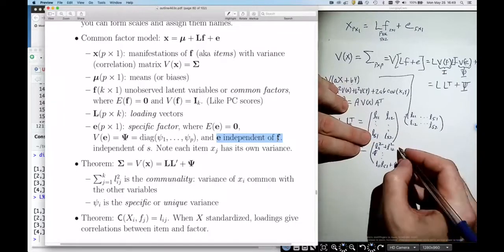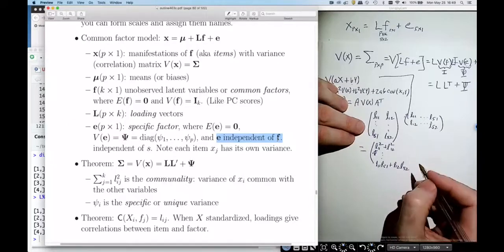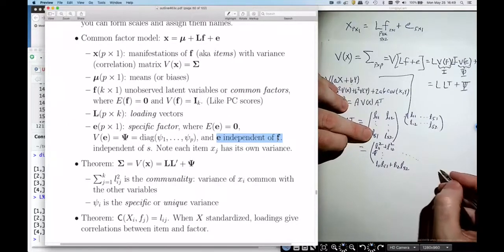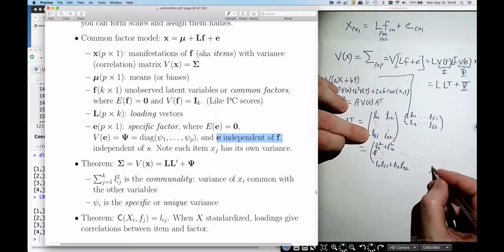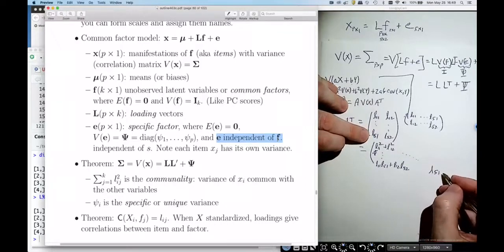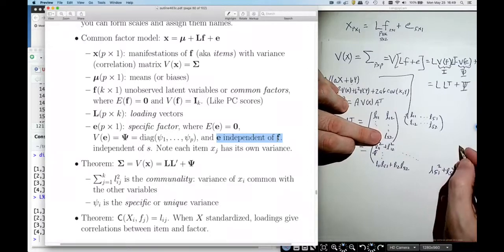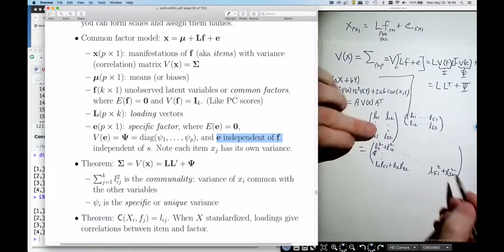But on the diagonal here, let's go all the way out, L51 squared plus L52 squared, and then you've got all your other terms here.